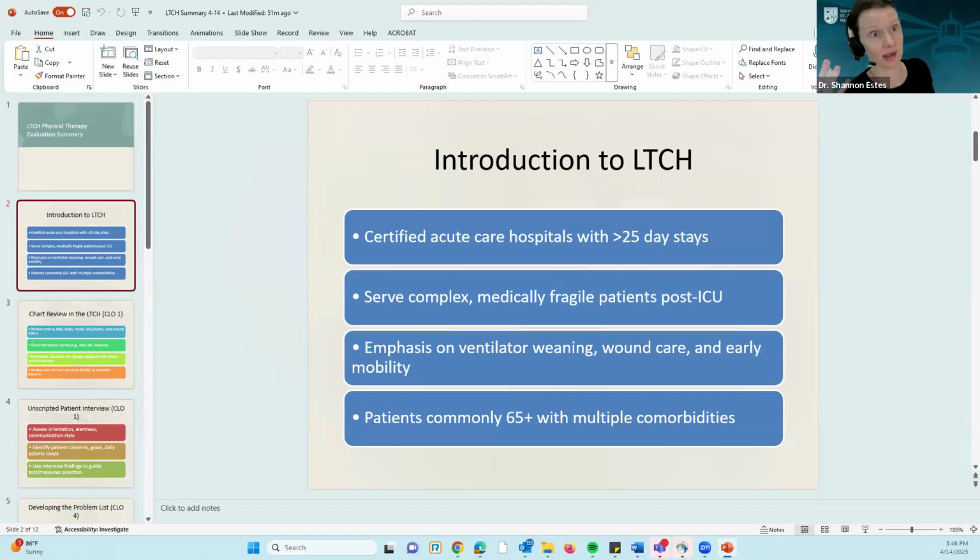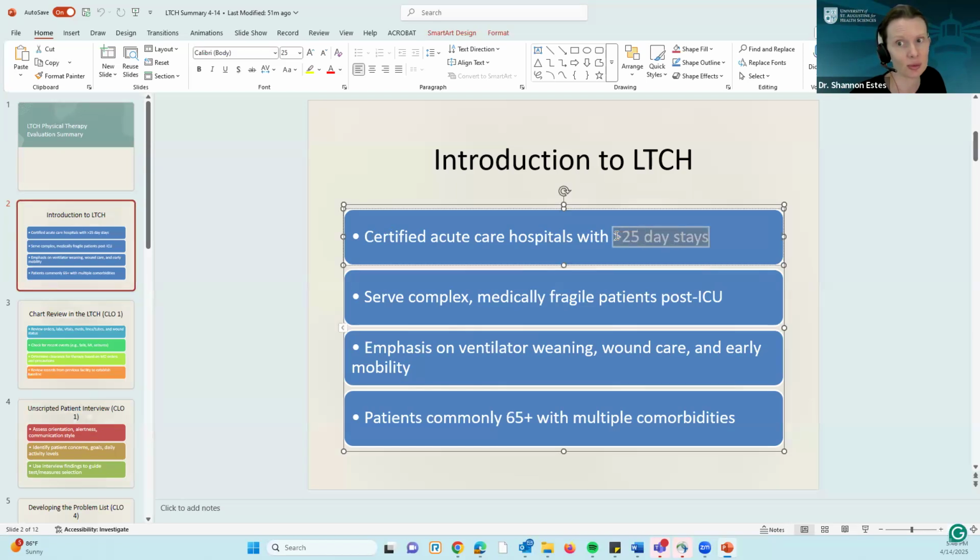One of the big things about long-term acute care is that we expect this person to be here for greater than 25 days. That's probably why they're being sent there, because we can anticipate they're going to have longer needs than others. So we can put them in a specialized facility that takes care of them like an acute care hospital would.